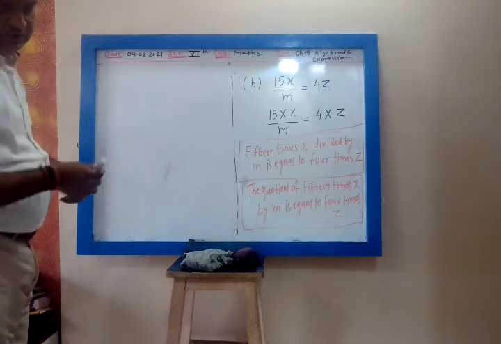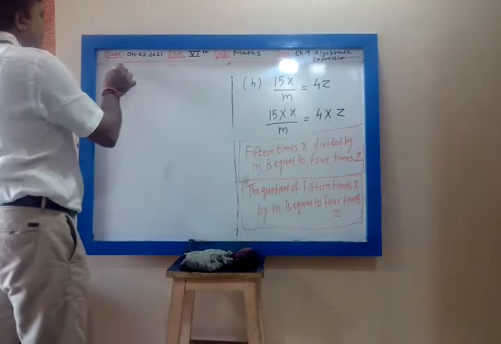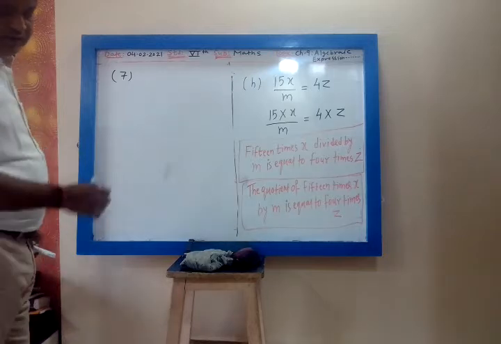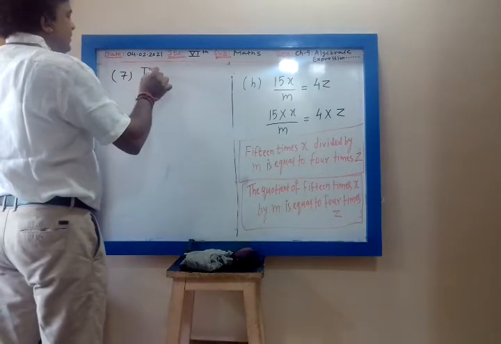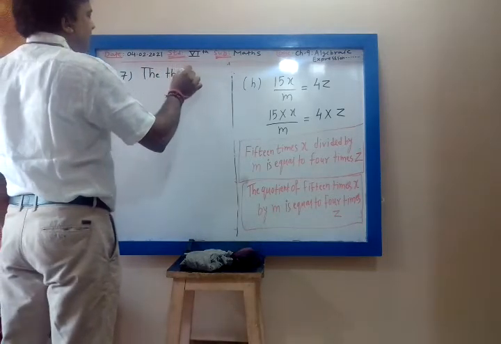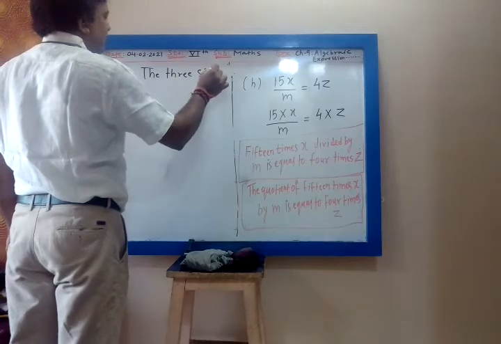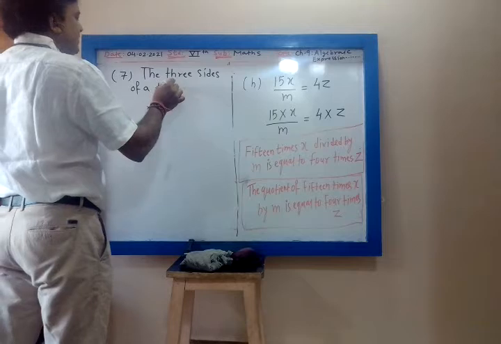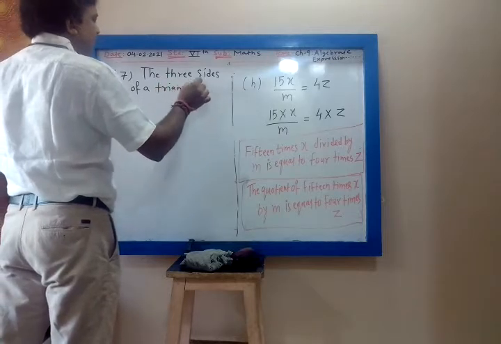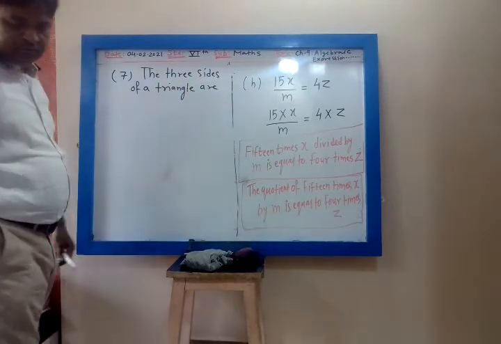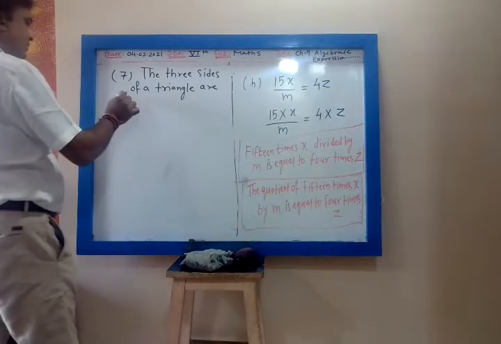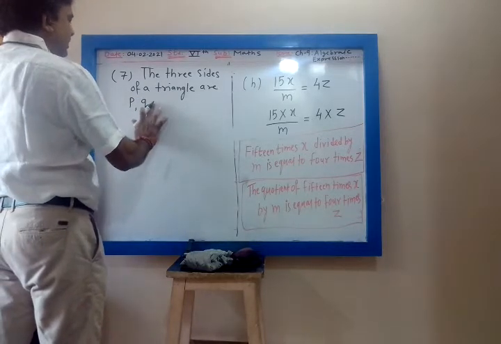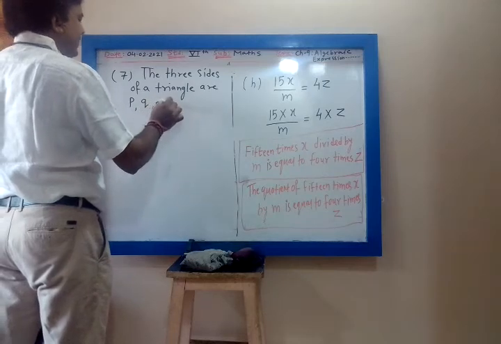Now we'll do the seventh one. Let me write the question. The three sides of a triangle are P, Q and R. They are three sides of the triangle.